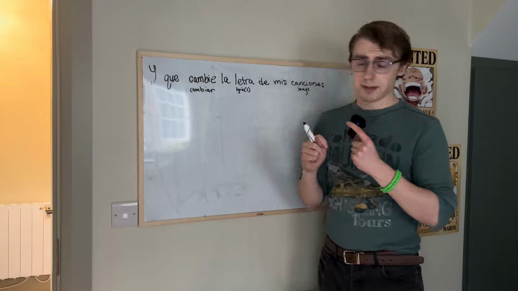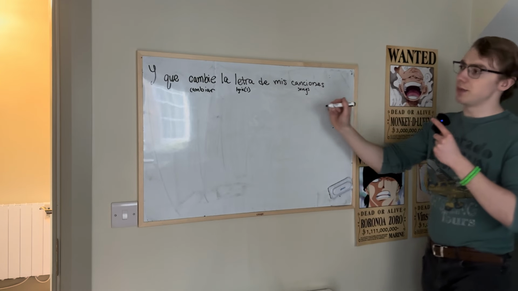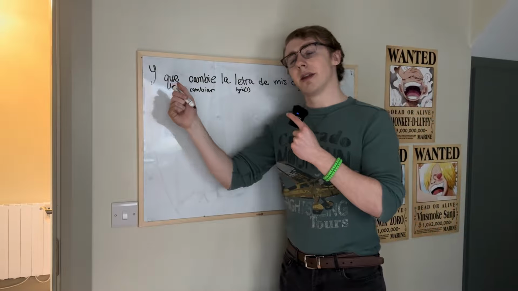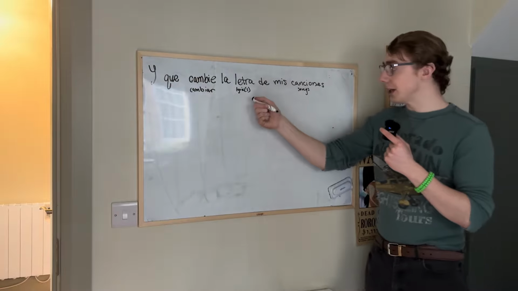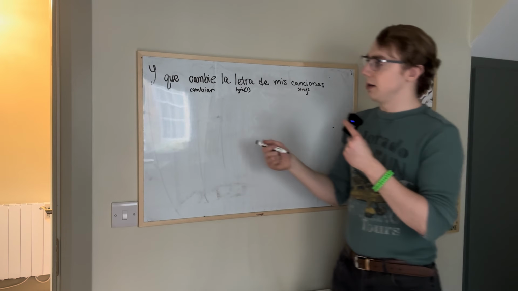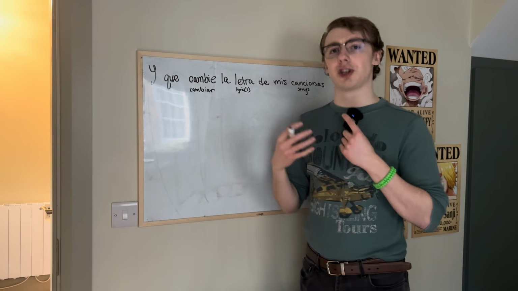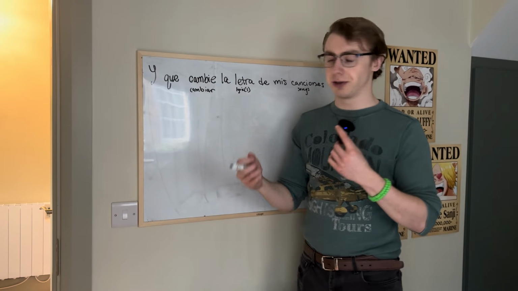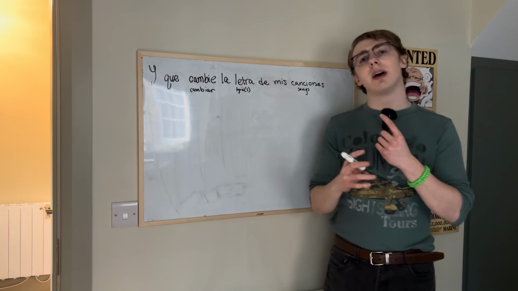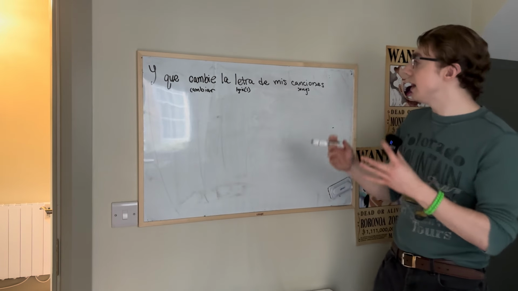So for the third line, it's going to be y que cambie la letra de mis canciones, which means and that I change the lyrics of my songs, right? So yet again, the subjunctive strikes. So cambiar means to change. So the normal form of that would be yo cambio. Yo cambio la letra de mis canciones.